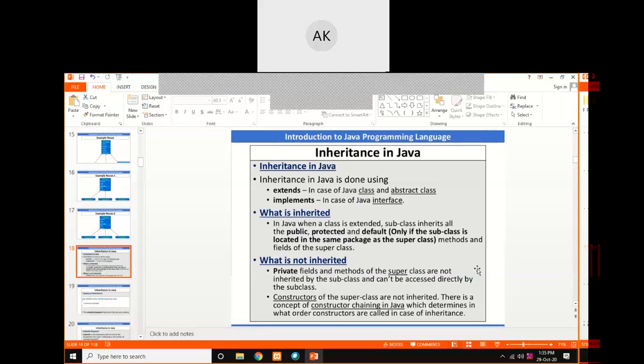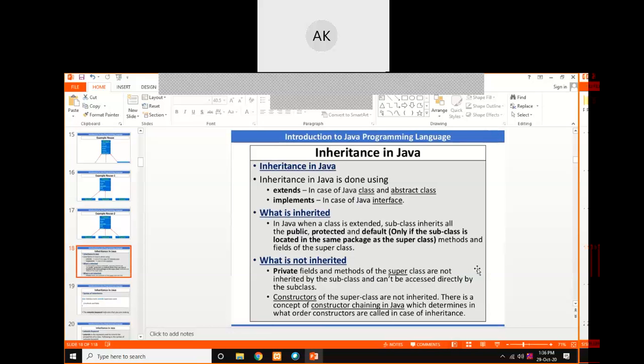When you talk about the different types of inheritance in object oriented programming, we have single level, multi-level, multiple, hybrid, and hierarchical inheritance, but not all of those inheritance types are supported in Java, right?